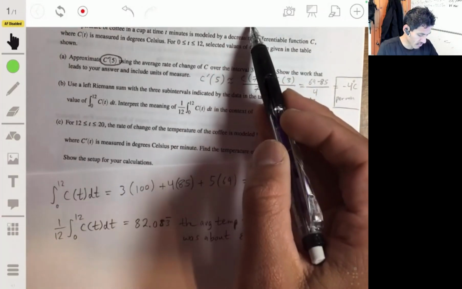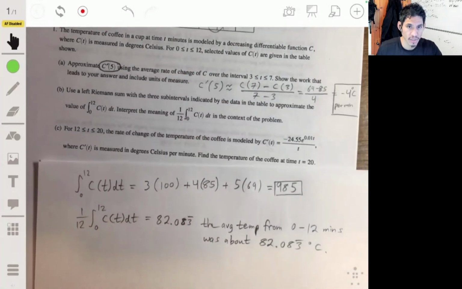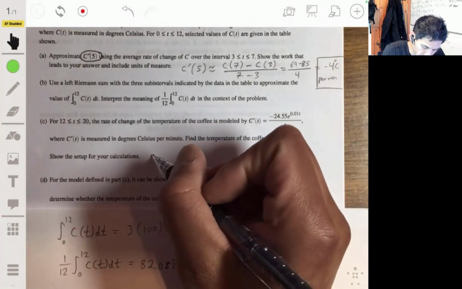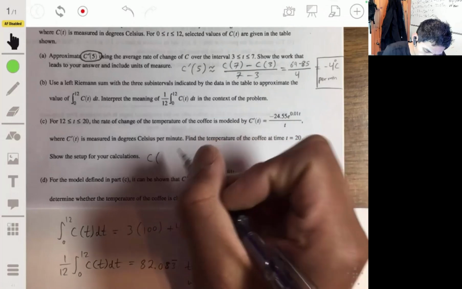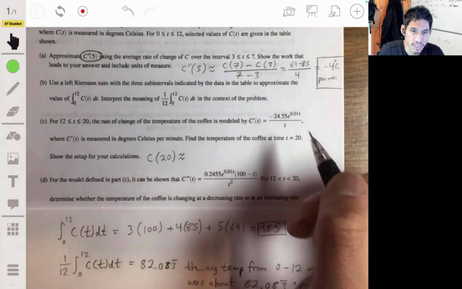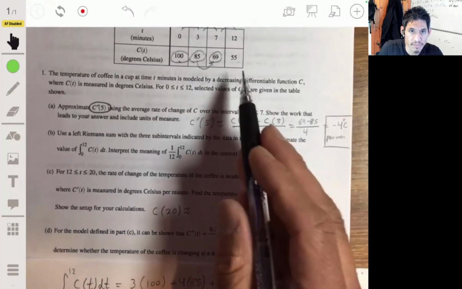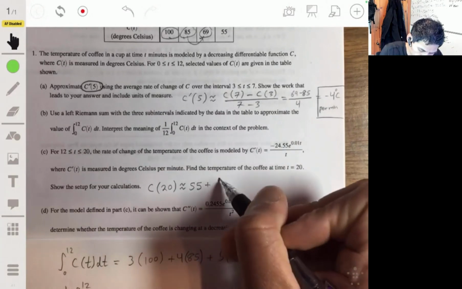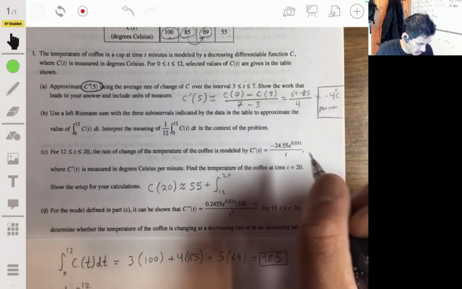So add it to 55. So I could probably fit it right here. So C of 20 will be approximately the temperature at time 12 minutes, so 55 plus the integral from 12 to 20 of this whole thing.